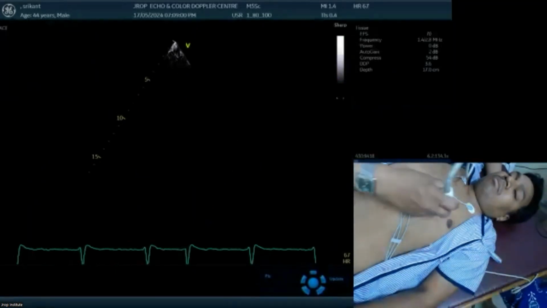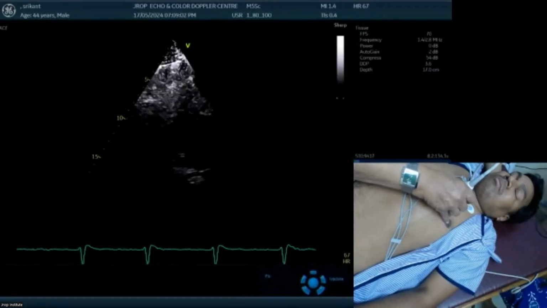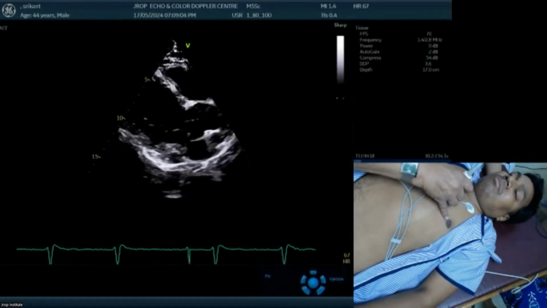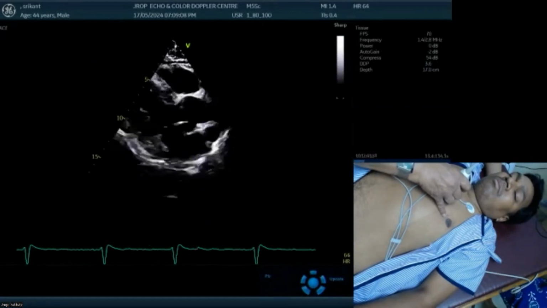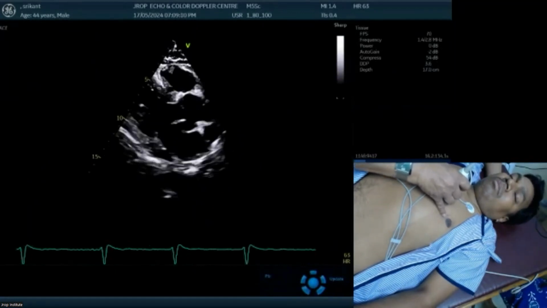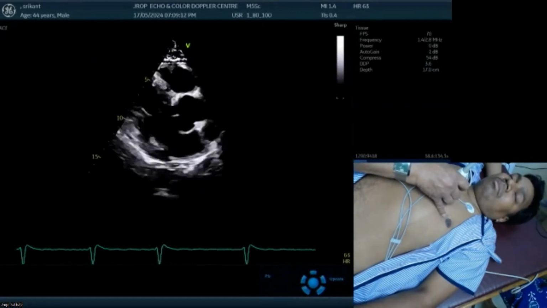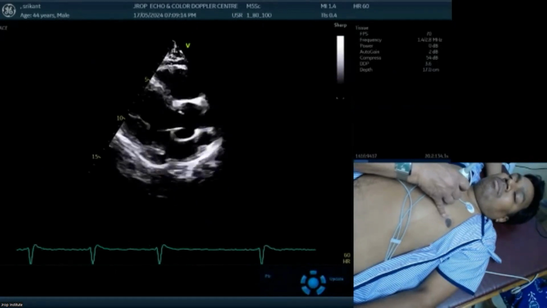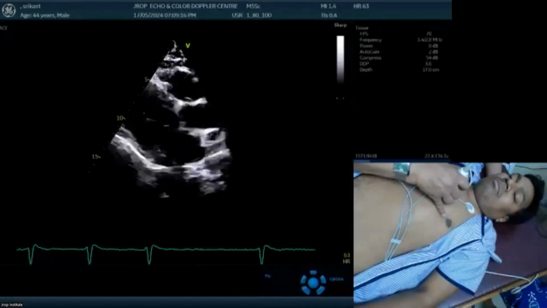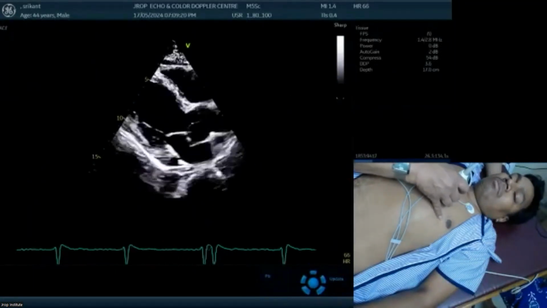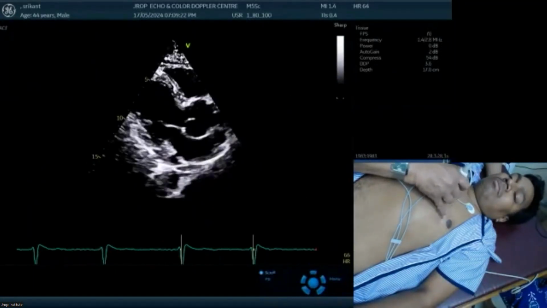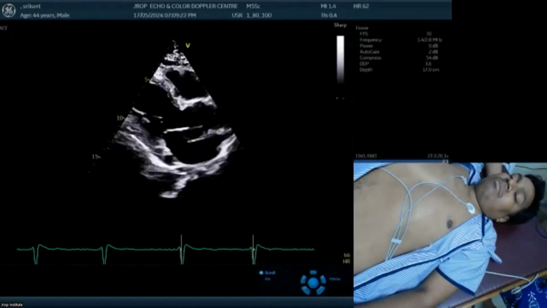I'm going to calculate my LVOT diameter. To calculate the LVOT diameter, I have to go to my parasternal long-axis window and make a very good image quality, because this is the most important part for any dimensions. Yes, now both my leaflets are open.